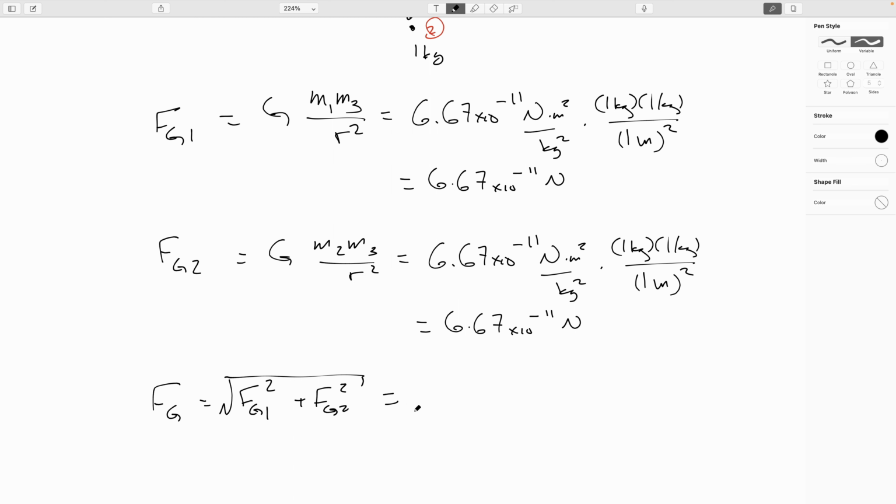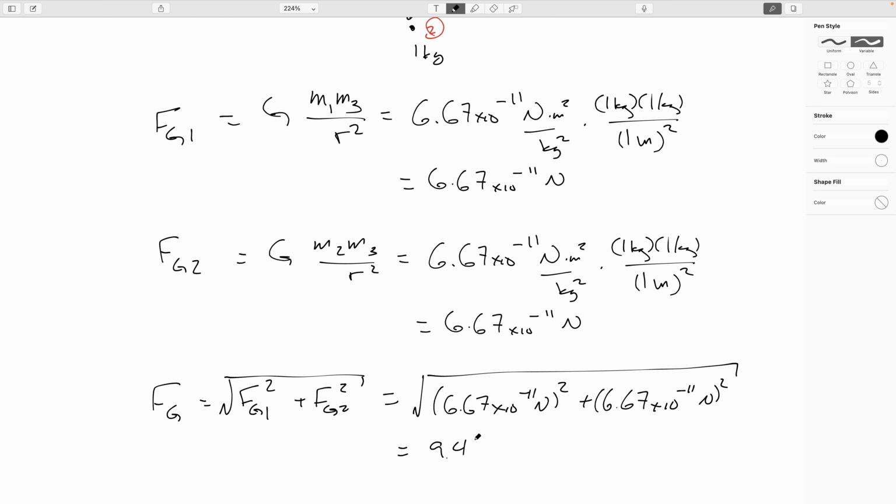So that'll be the square root of 6.67 times 10 to the negative 11 newtons squared plus the same thing squared. And you'll get 9.43 times 10 to the negative 11 newtons, which isn't a lot.